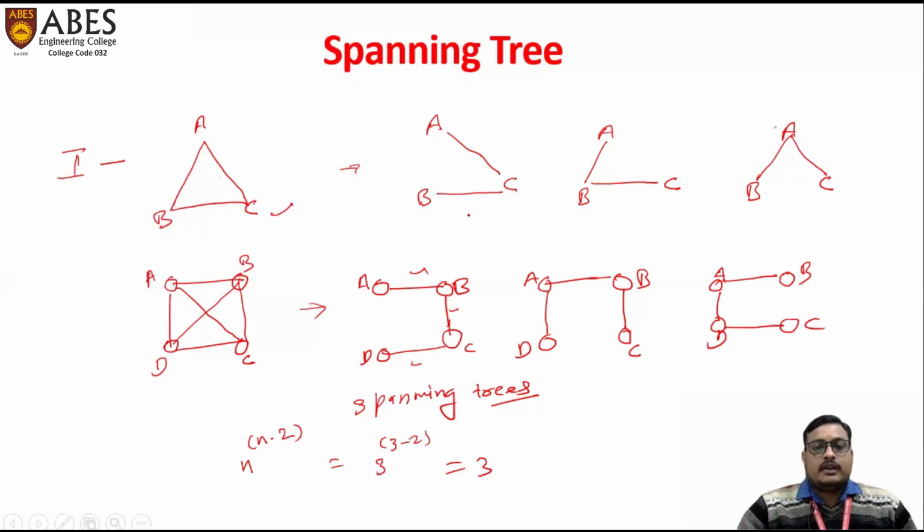So you can see here we have three spanning trees. Only these spanning trees are possible in this case. If we have a graph with four vertices, in that case we can calculate 4 to the power 4 minus 2, that is 4 square, which is 16. So for this case there are 16 spanning trees possible.